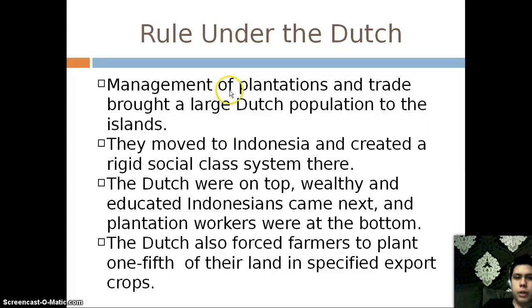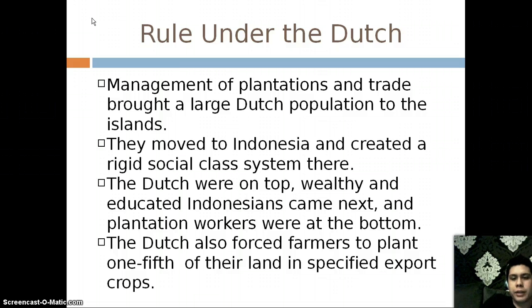So, rule under the Dutch. Management of plantations and trade brought a large Dutch population to the island. They moved to Indonesia and created a social system there. The Dutch were wealthy and educated.